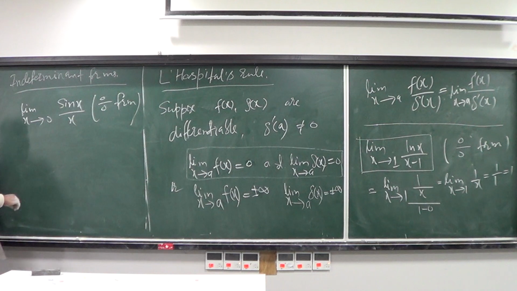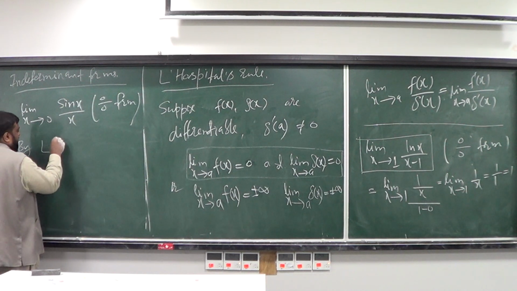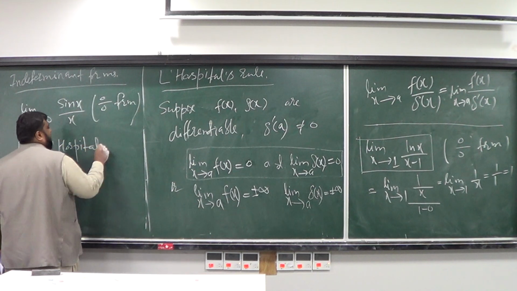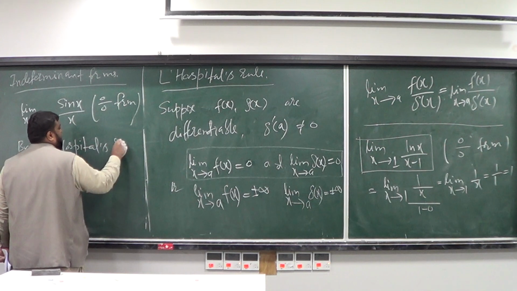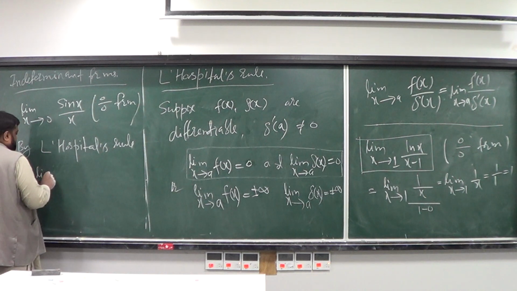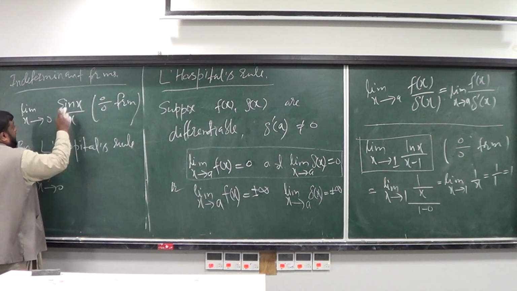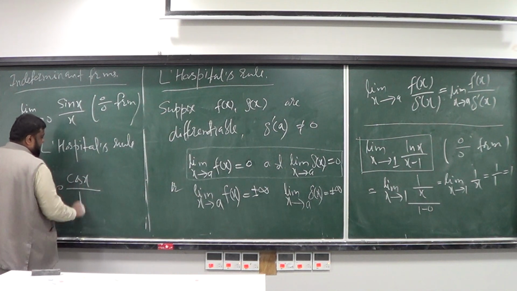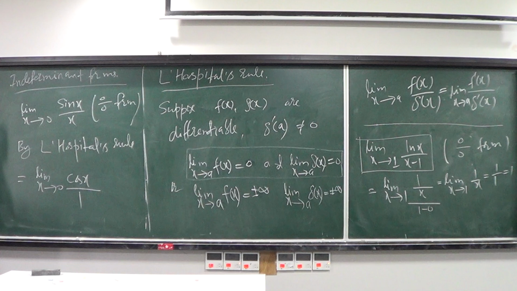So you can apply L'Hopital's rule. By L'Hopital's rule, this limit is equal to the limit as x goes to 0 of the derivative of the numerator, which is cos x, over the derivative of the denominator, which is 1.